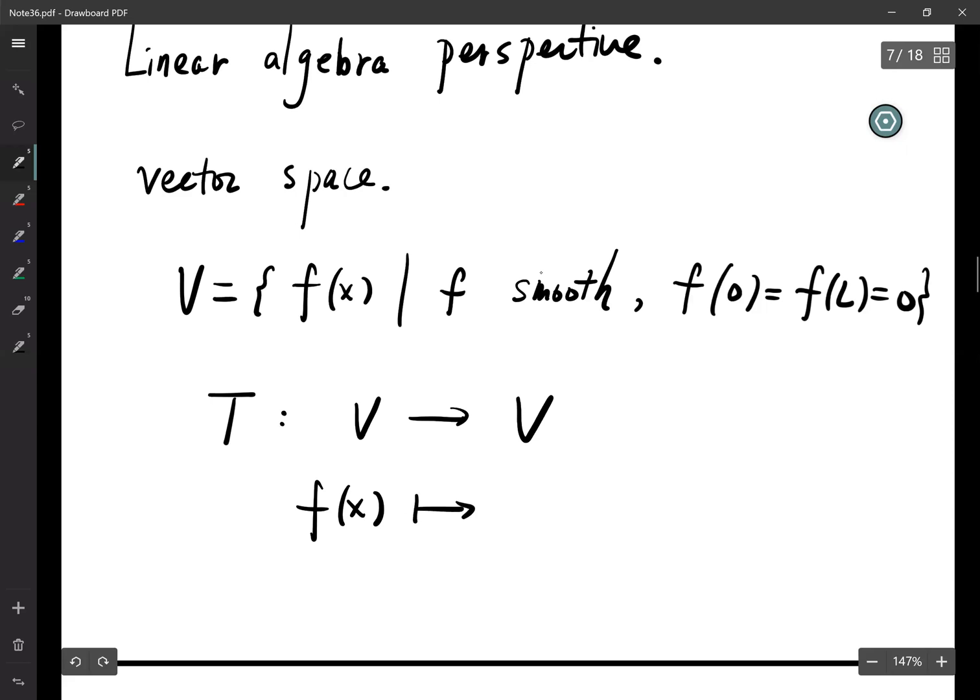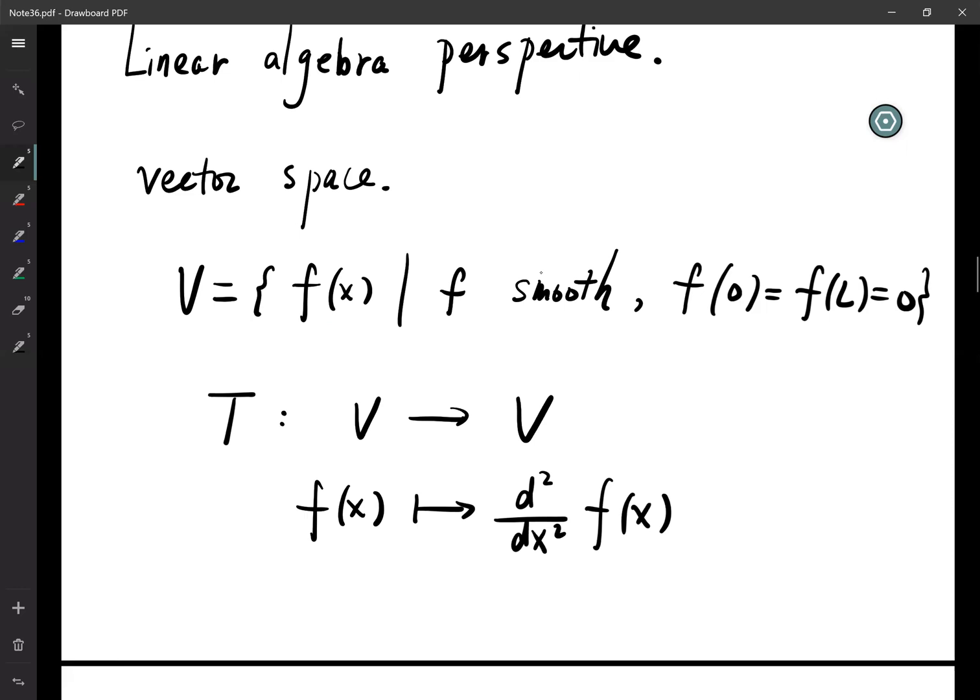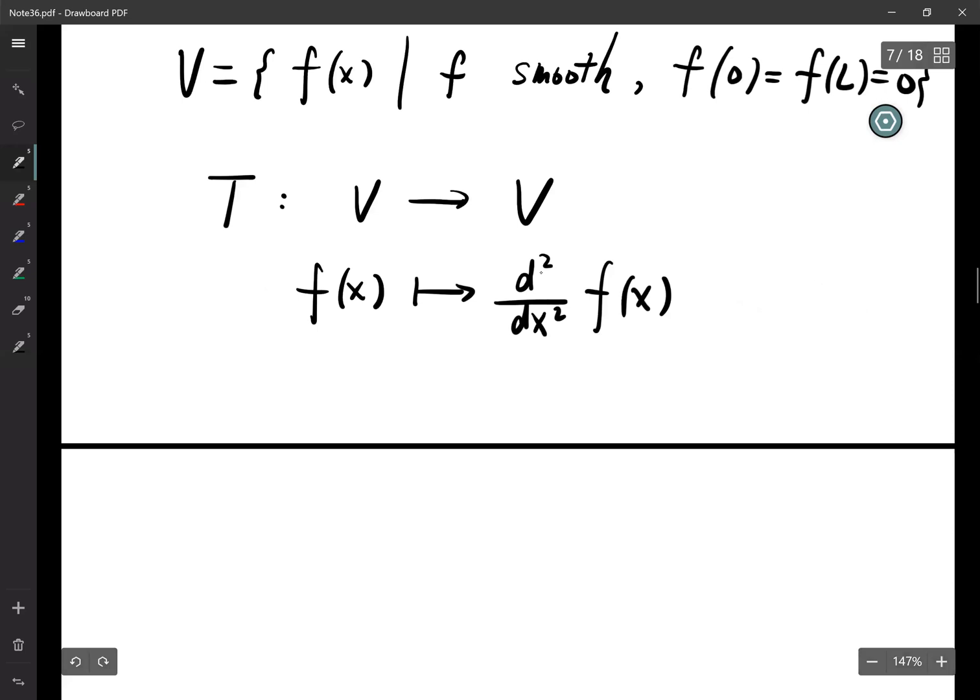And this one, T f(x), is the second order derivative. This one you definitely have seen. The only difference is that now instead of calling it f double prime, I call it d squared dx squared. I can also call it a partial derivative if I want, but here I only have one variable.